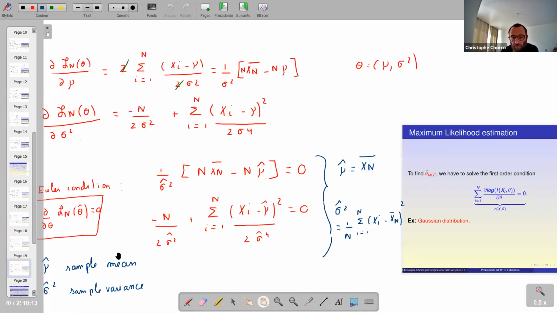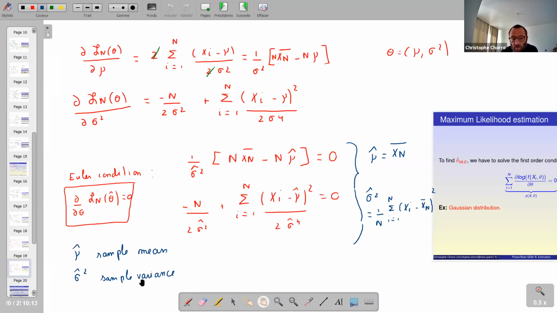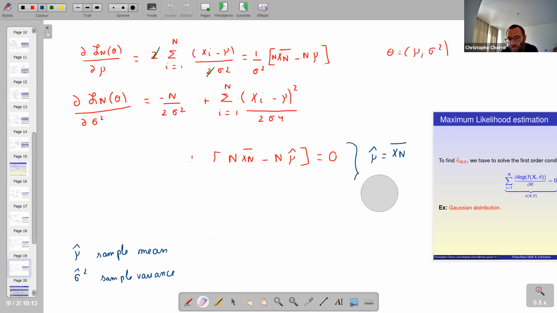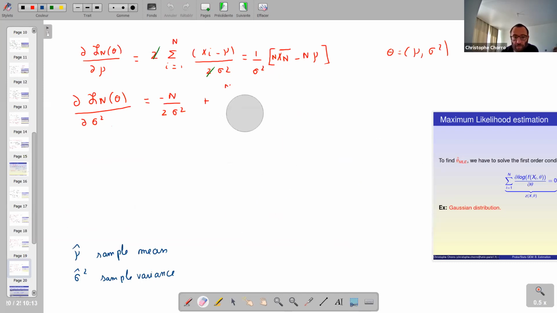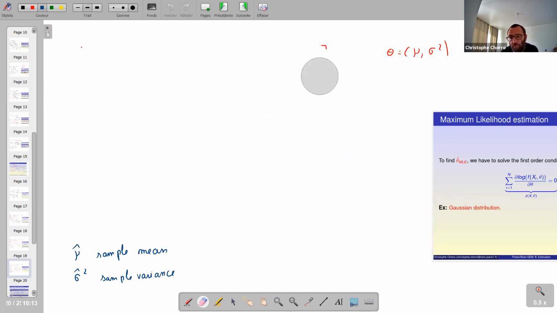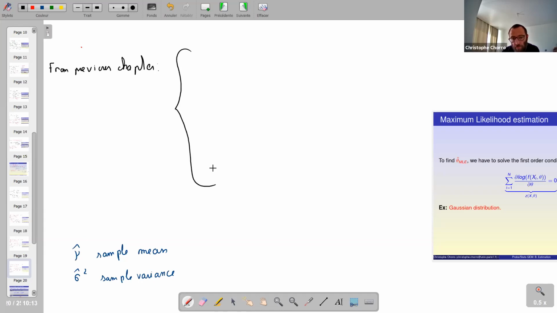So I have mu hat, that is the sample mean, and sigma hat square, that is the sample variance. So what I know for these two estimators from the previous chapter is the expectation of mu hat.